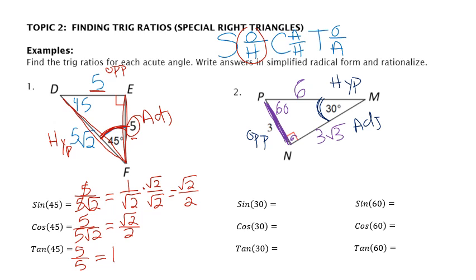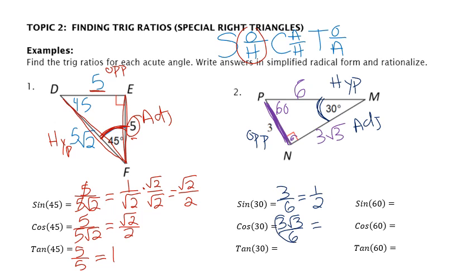And then I just go ahead and write this out. So my sine would be 3 over 6, which is 1/2. Cosine would be 3 radical 3 over 6.